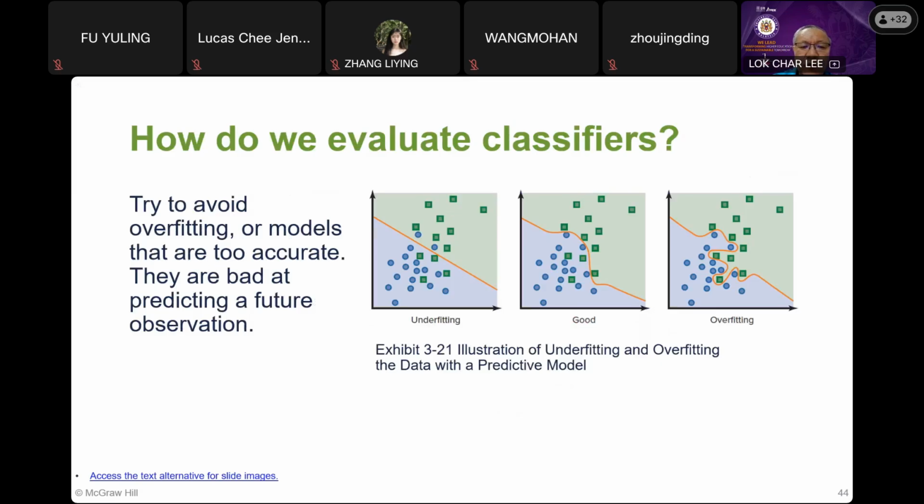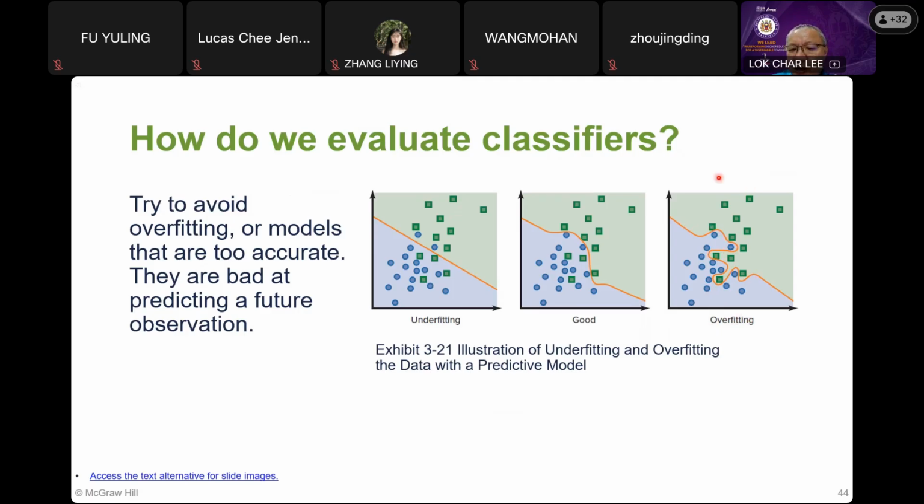Okay, then how do you evaluate the classifier? We have something called overfitting or underfitting. Overfitting means you put in too many variables, too many predictors, that make the predictions overfit. So this is a case of overfitting. You can see here, if you do the training model with overfitting, that means your classifier is actually very accurate.